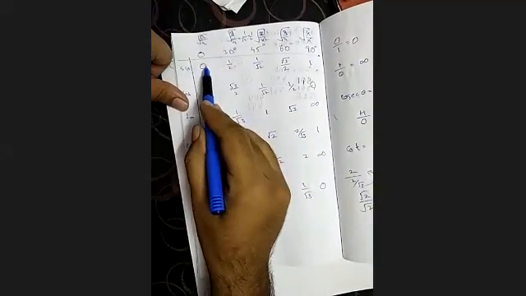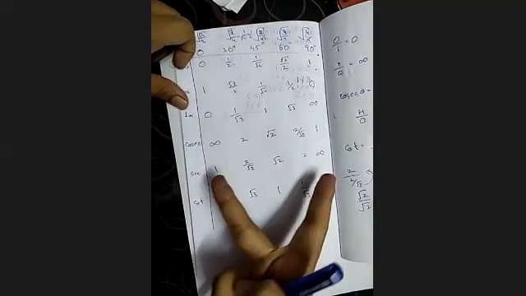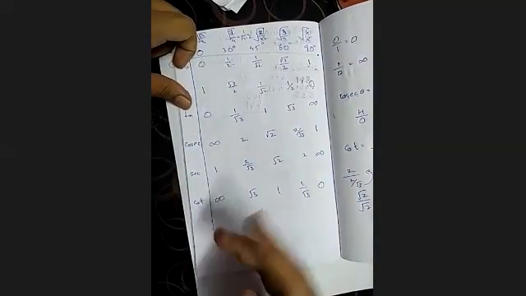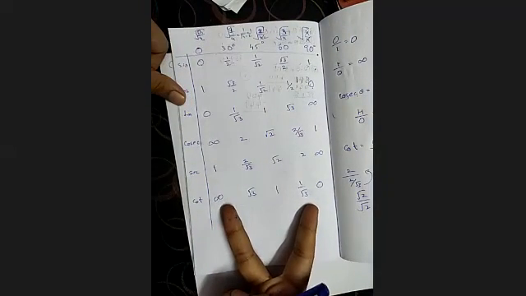Cosecant theta can be written as 1 by sine theta. If we reverse cosecant, we get secant. If we reverse tan, we get cot.